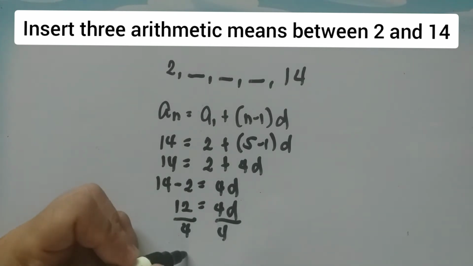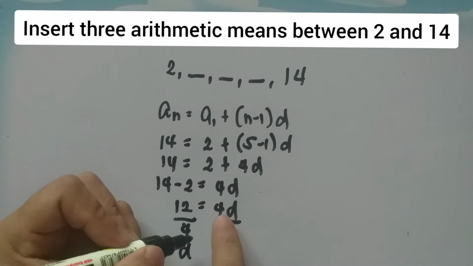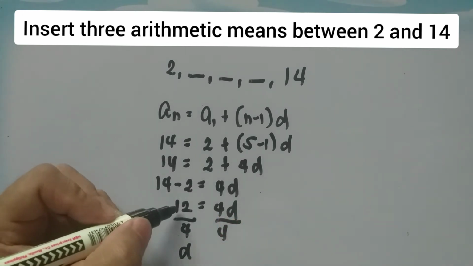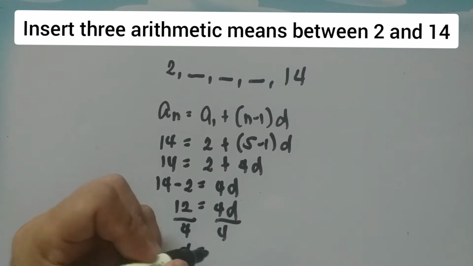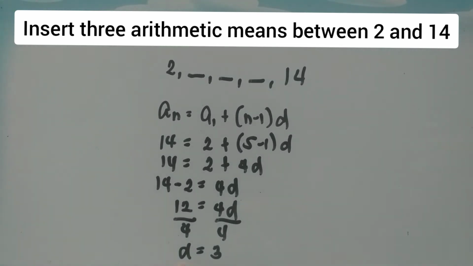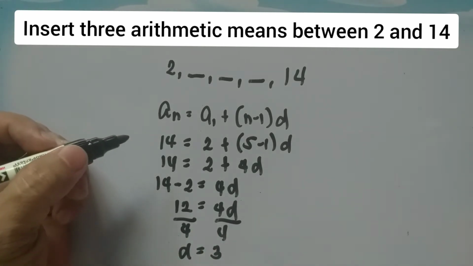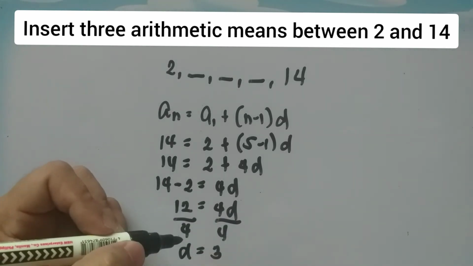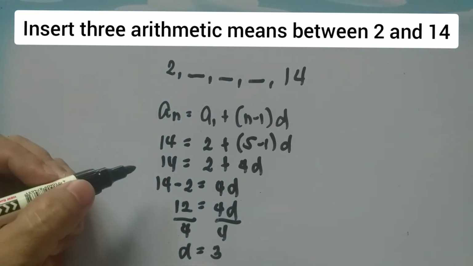So d, because 4d over 4 is d. Then 12 divided by 4 is 3. So our common difference here is 3. Then we have this common difference. All you have to do is to add this common difference to our first term.